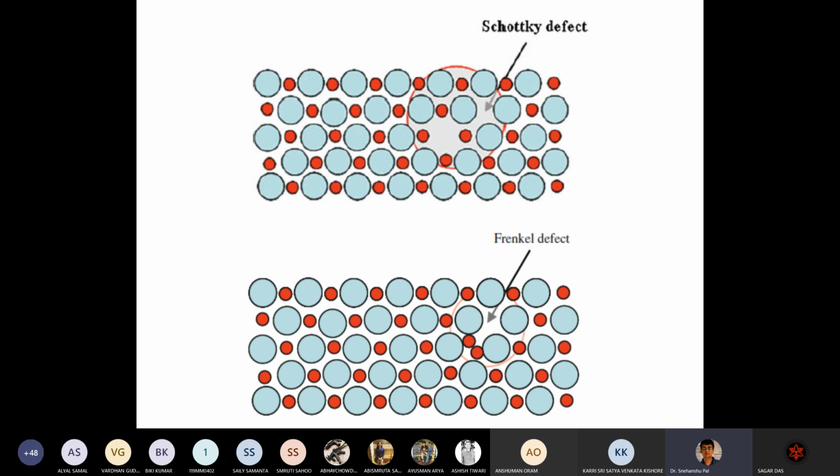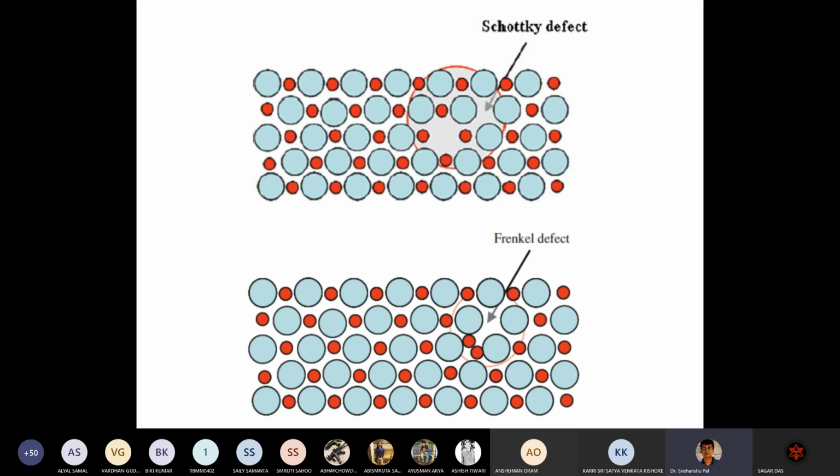On the contrary, when the defects are created by adding foreign atoms, they are named extrinsic defects.